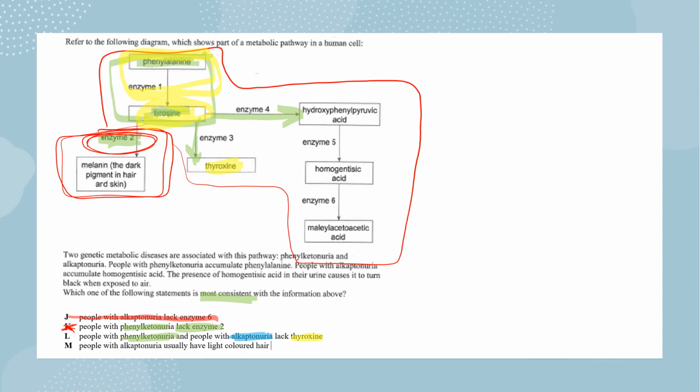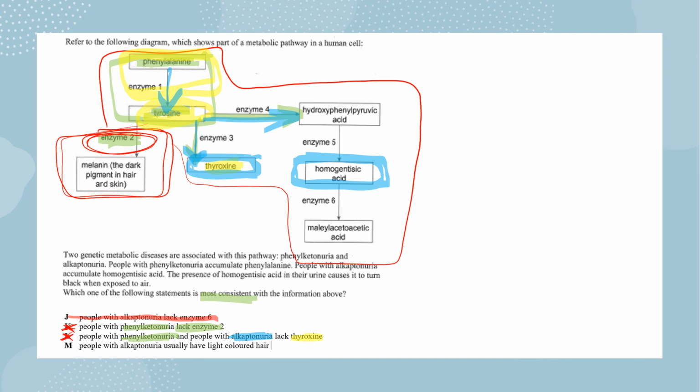But people with alkaptonuria, we know that they get all the way to this part here. So they're going to undergo that breakdown, meaning they will have thyroxine and they won't lack it. So if I only said this start part, people with PKU lack thyroxine, that would be consistent. But adding in that people with alkaptonuria lack it makes this incorrect.